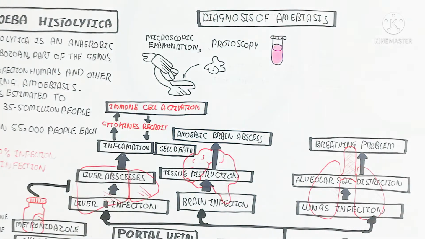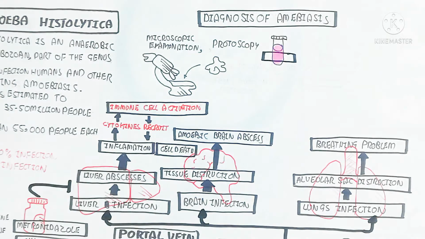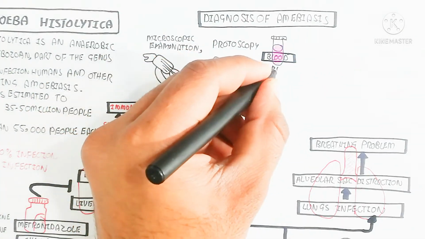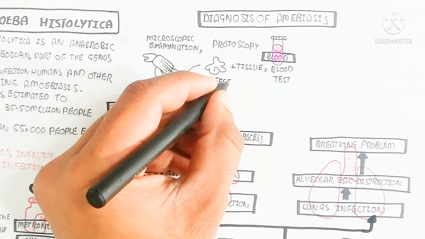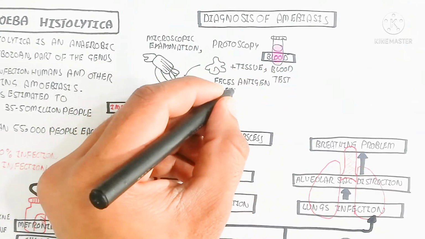On the other hand, PCR is also used for checking Entamoeba histolytica DNA. That is the major diagnosis of amoebiasis.